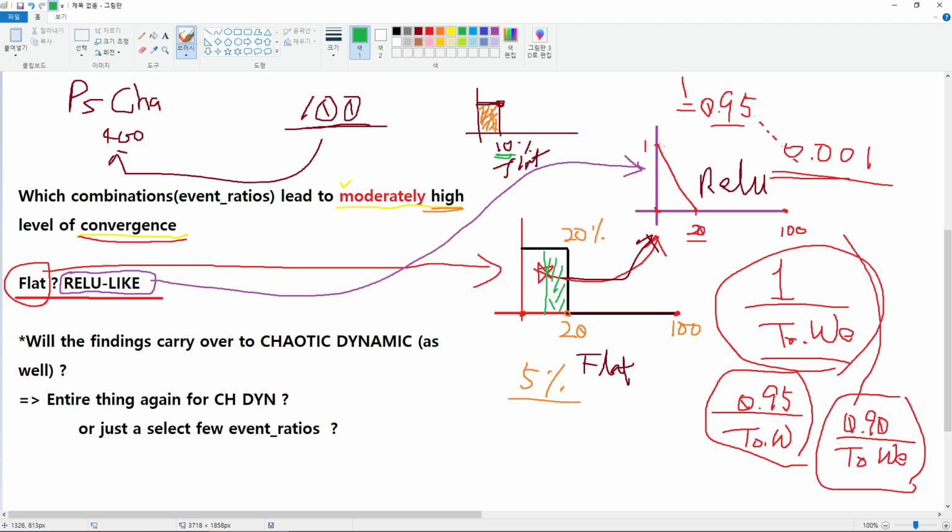So to fix that issue, I had to get rid of the other half of the rectangle, which is doing this. Make it a triangle.